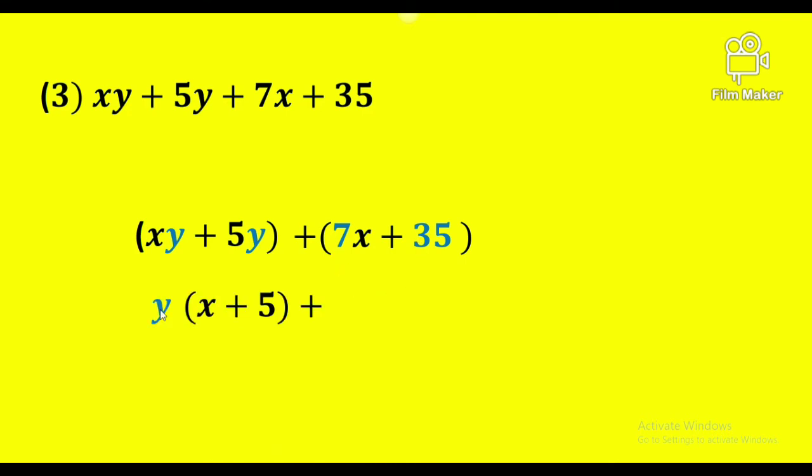And when I take 7 as a common factor, the remainder will also be x plus 5, because 35 divided by 7 is 5. Yes, of course, x plus 5 is a common bracket, so I will take it as a common factor, open a bracket and write the remainder y plus 7.